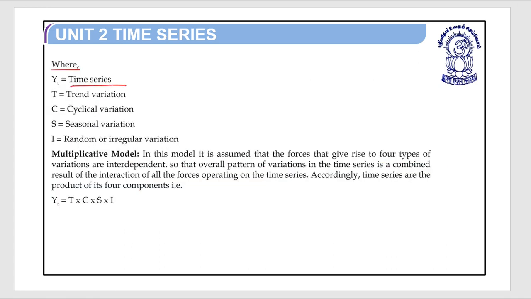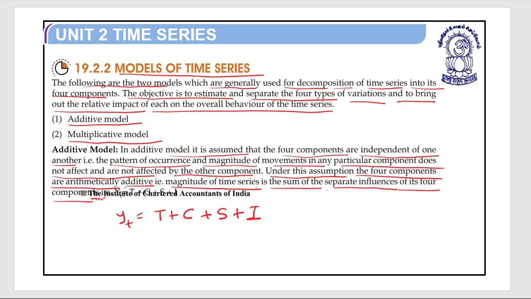Yt is the time series. T is the trend variation. These are the components. C, cyclical variation. S, seasonal variation. I, random or irregular variation. This is the additive model. So, Yt is equal to T plus C plus S plus I.